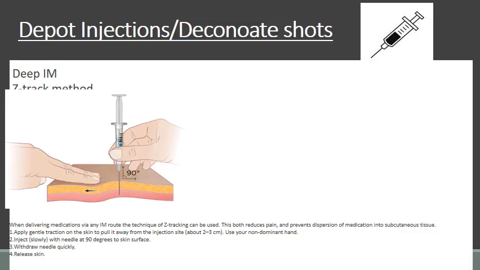The last thing that I want to talk about on this outline, or on this voiceover, is the depot injections. They can also be referred to as decanoate shots. These are IM, intramuscular shots that are long-acting.